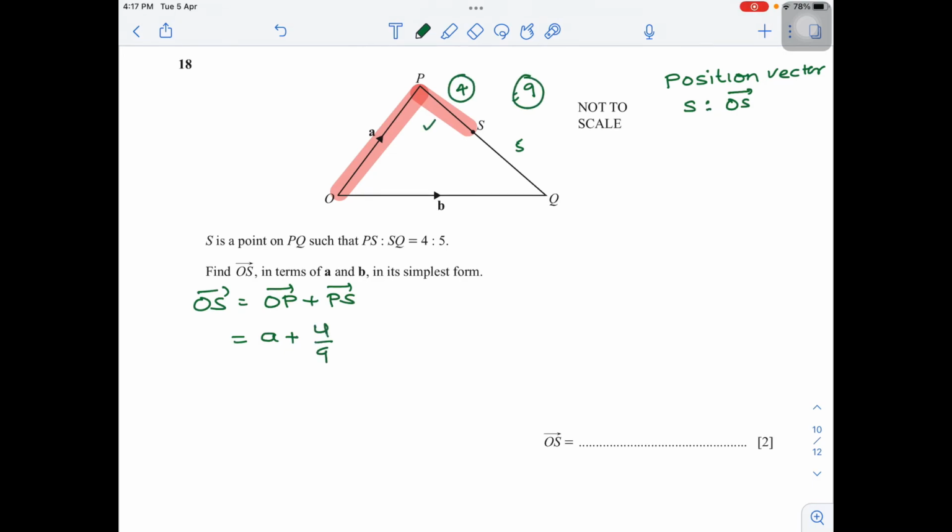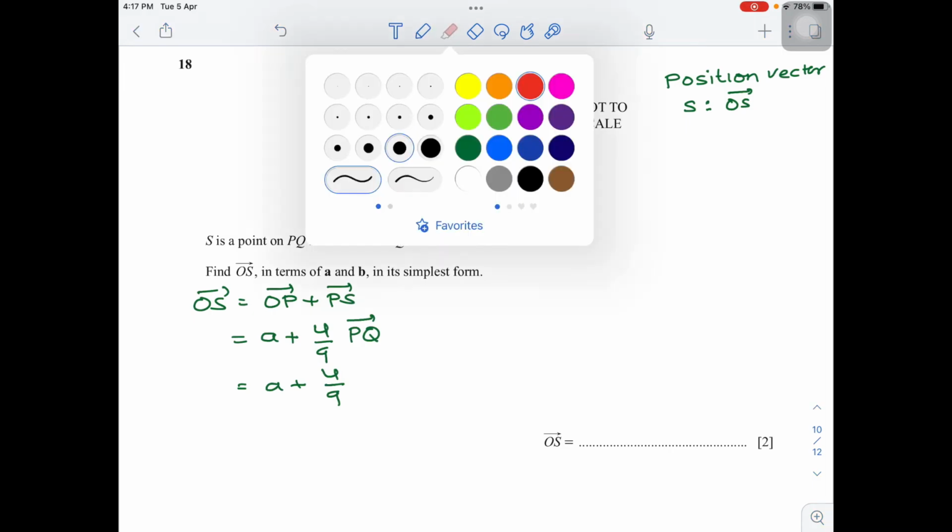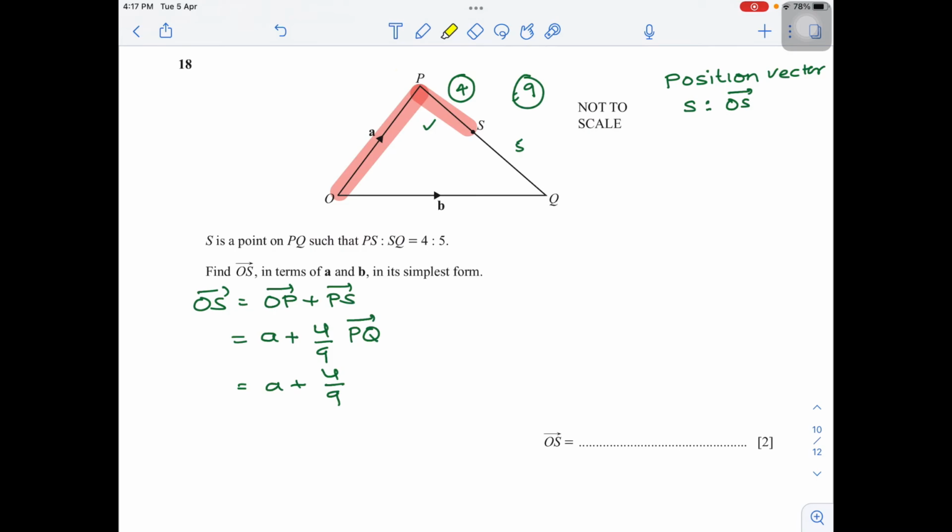So 4 over 9 of PQ. A plus 4 over 9 of PQ. What's PQ? I don't know PQ. So let's find PQ. I don't know the direct path from P to Q. So I go from P to O and O to Q.